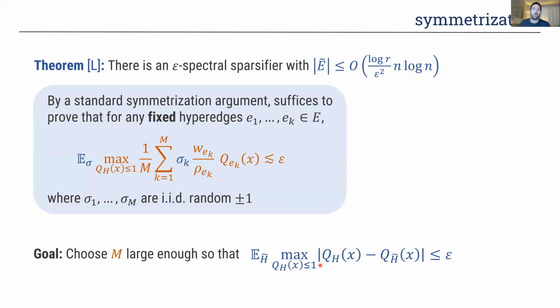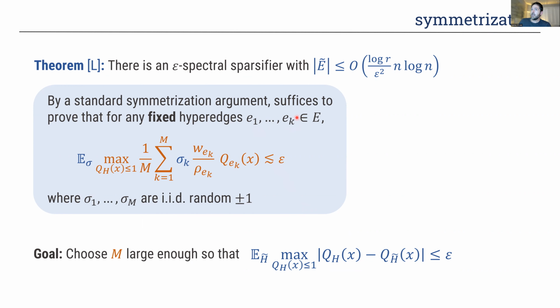Okay, so the first major reduction here is a standard symmetrization argument that allows us to basically get rid of all of the randomness in H tilde and just replace it by some random signs. I'm not going to go into it now. It's spelled out in the paper.